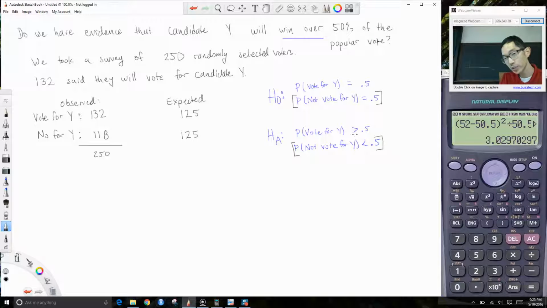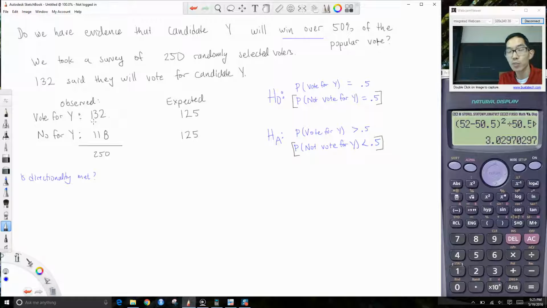And because it's directional, we just want to make sure that directionality is met, okay? So is directionality met? I mean, does our data even support the notion that candidate Y gets over 50% of the vote? And when we check, the answer is yes.